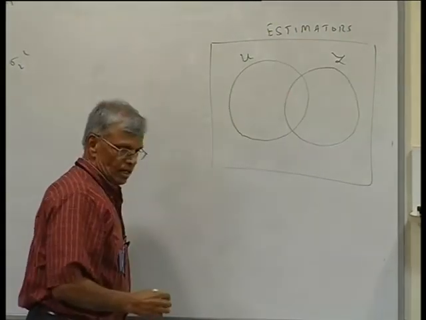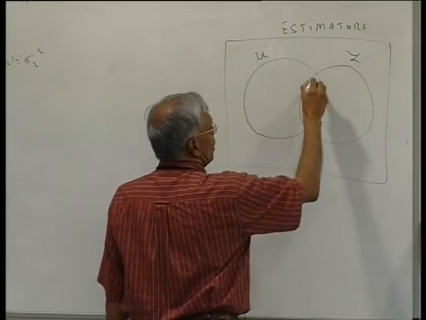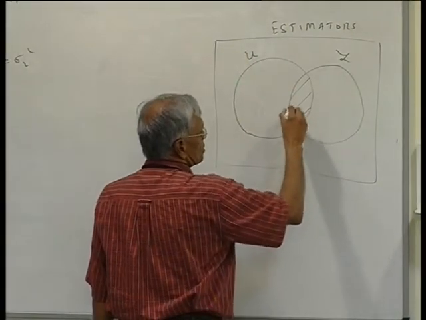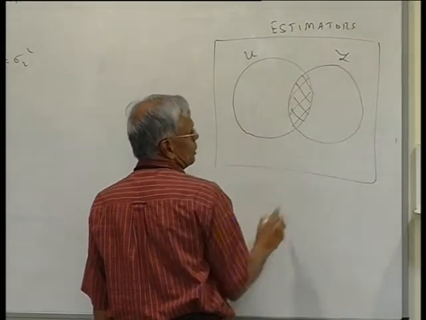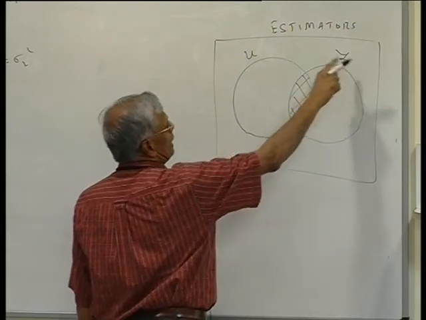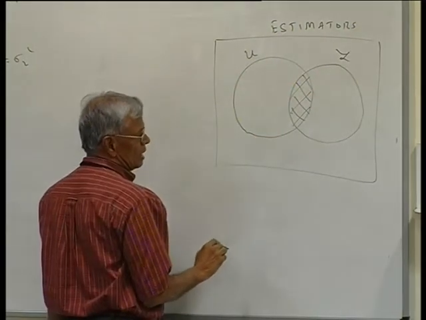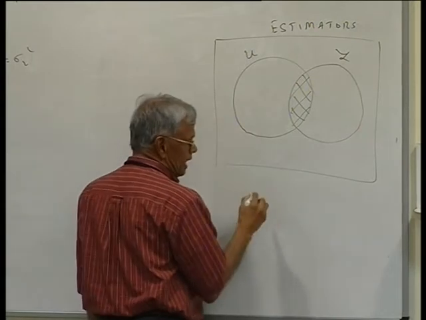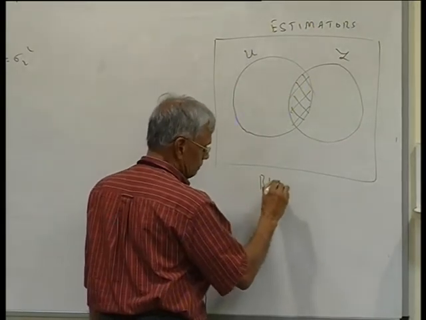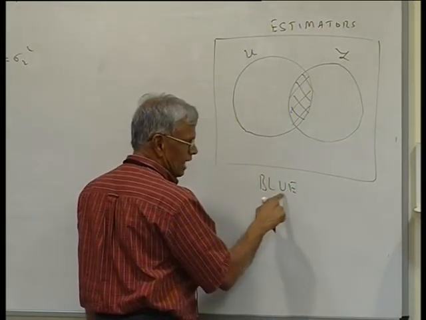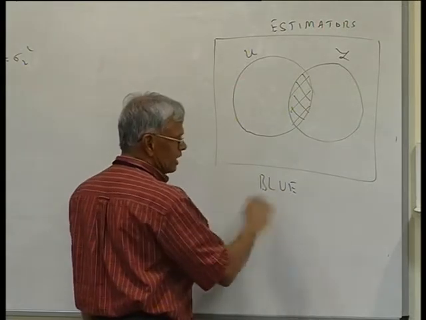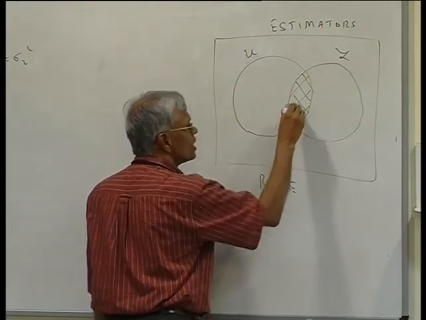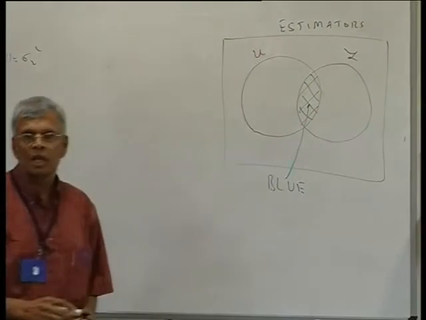Unbiased is a statistical concept. So this intersection contains the so-called linear unbiased estimates. In general, we are interested in an estimate called BLUE, the best linear unbiased estimate. The best linear unbiased estimate sits in this intersection.